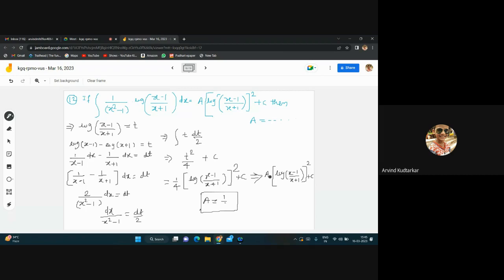So 1 by 4 will be the correct solution for that integral. Okay, so when you are solving an indefinite integral, before that you should have results for its integration. If you have the results, then you can find out the solution. So in that case we can get the solution by integration.